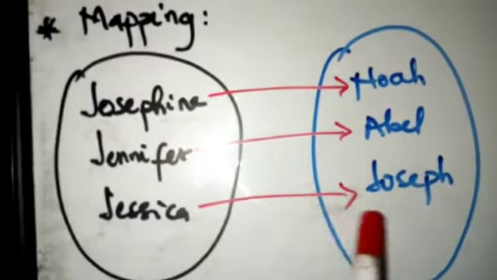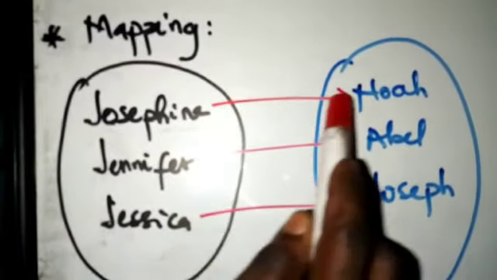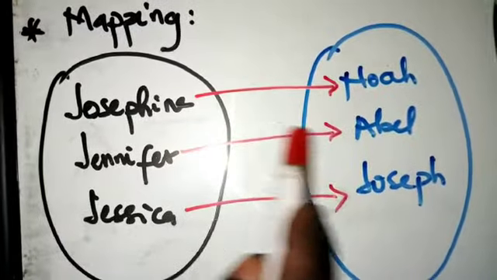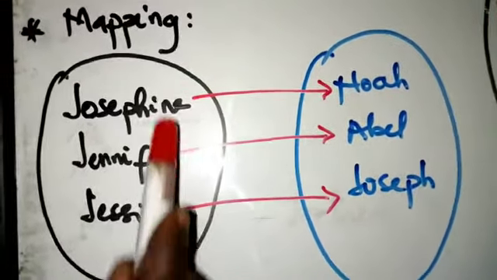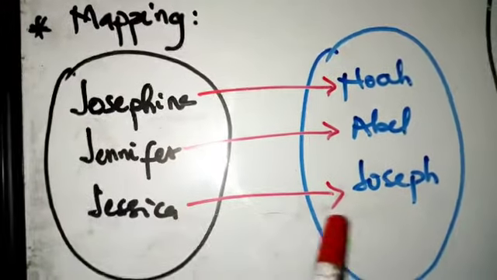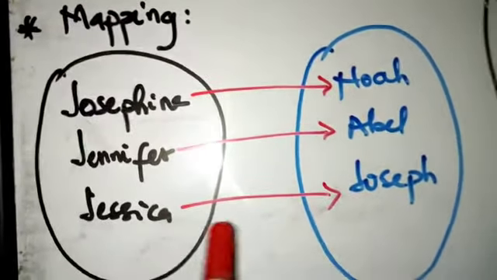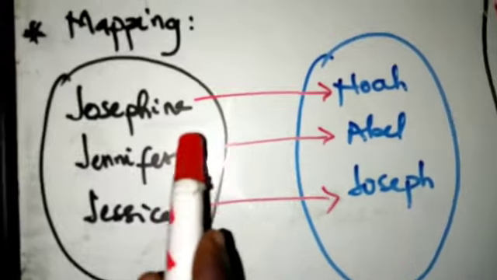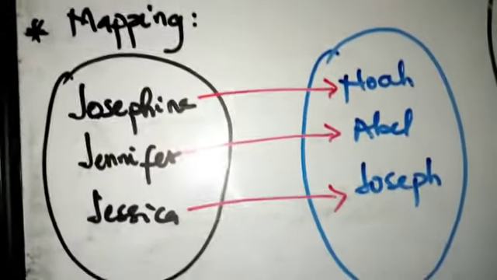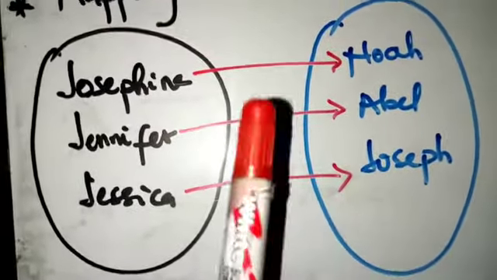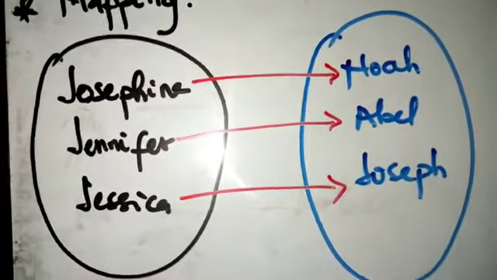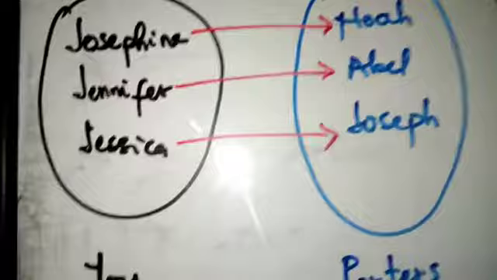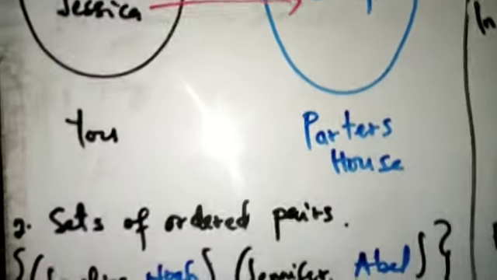Should in case Josephine belongs to Noah as well as Abel, we don't call it a mapping. The first one is that each one of you must have a partner. The second one is that you also belong to only one partner. There's no way you can go for two partners. So that's a simple definition of mapping, in my opinion.